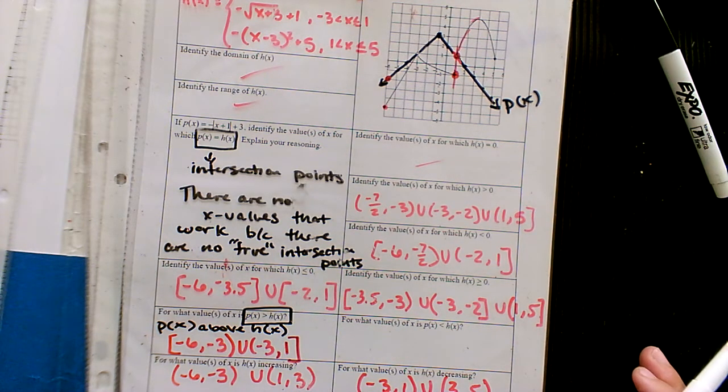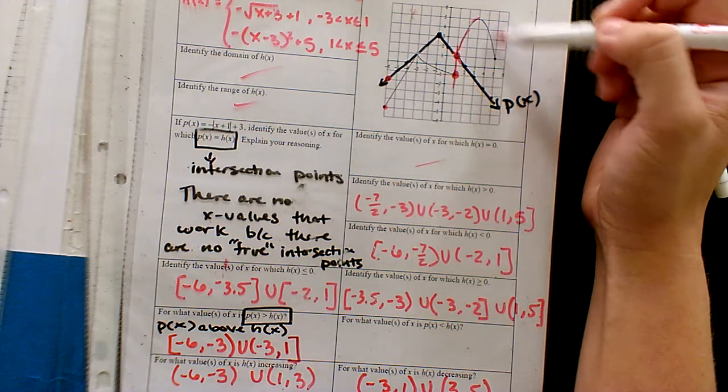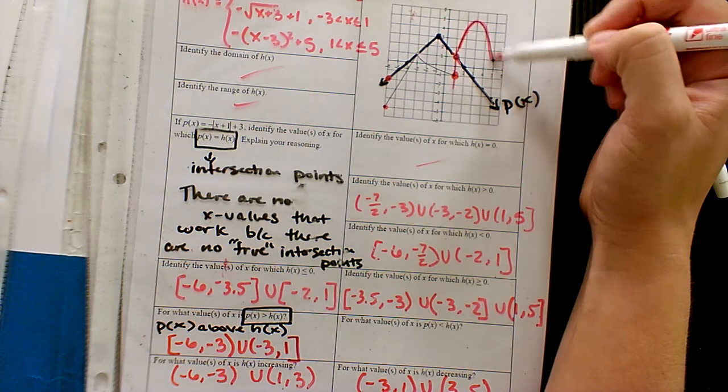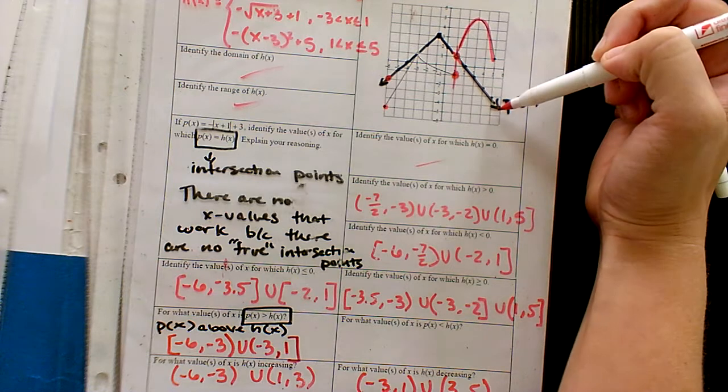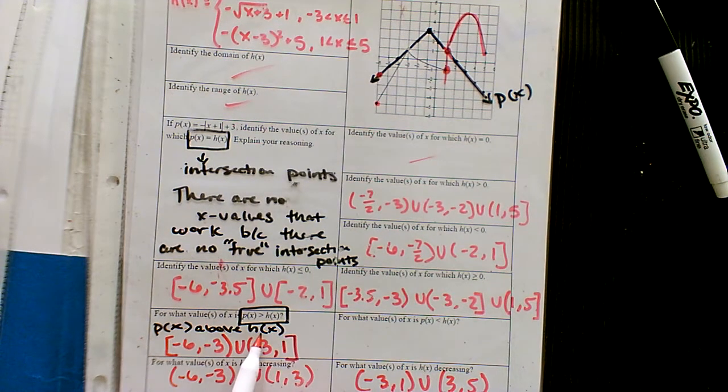We doing okay? What about the parabola that's above the absolute value that we just grabbed? So this one right here? Yes. Notice how this is saying h of x is above p of x, and this notation wants p of x to be above h of x.